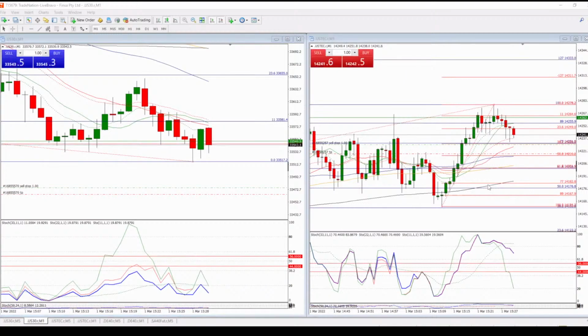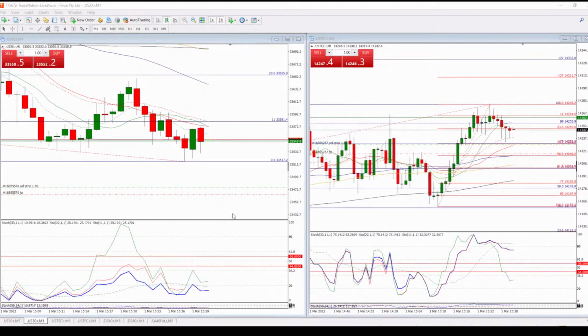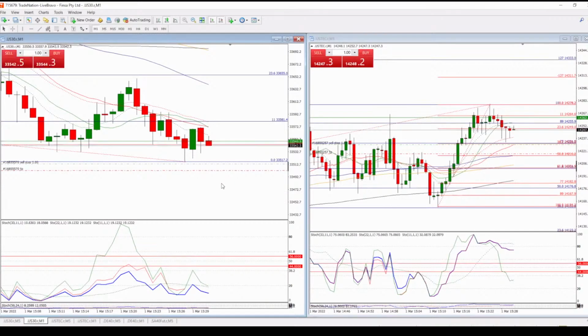Those levels could be potentially very strong. There we go. Two candle retracement. Just going to put it a little bit lower than I usually would, just so it needs to break that 23.6 to actually trigger my sell stop.